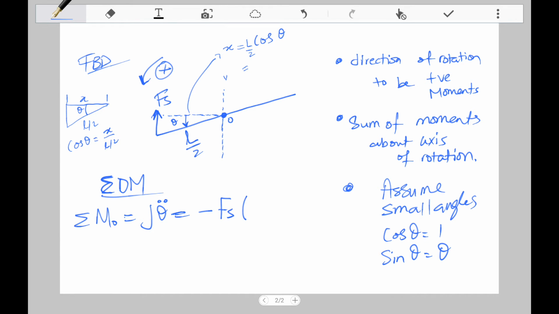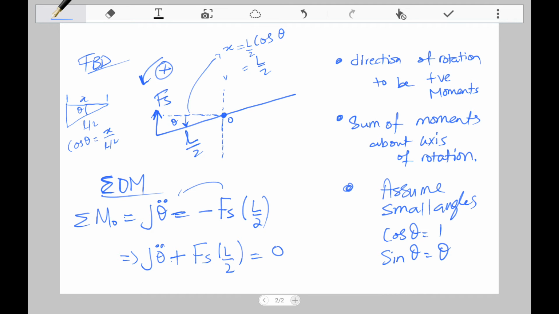That's your approximation there. So that's going to be L over 2. Then rearrange: J theta double dot plus, bring it to the other side, Fs L over 2 equal to 0.